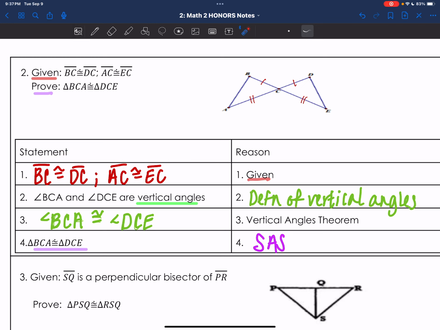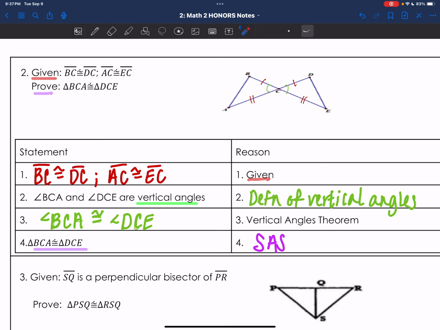So now we need to say, what's the information that we have to find? Well, we know that BCA and DCE are vertical angles. We know that because it is the definition of a vertical angle.